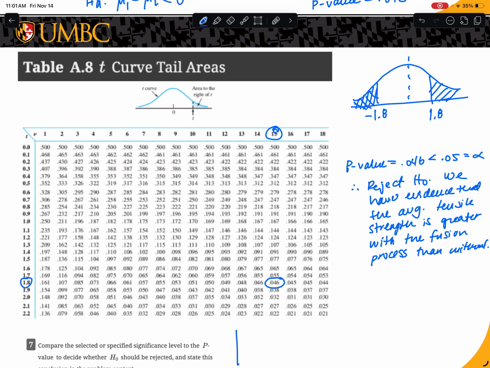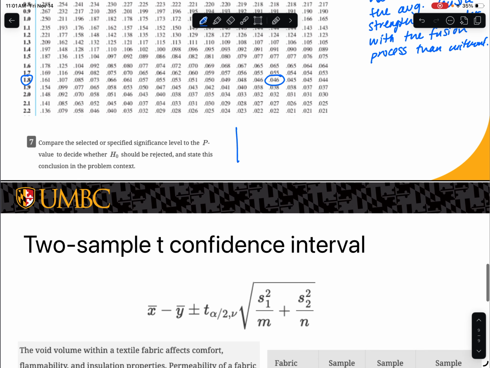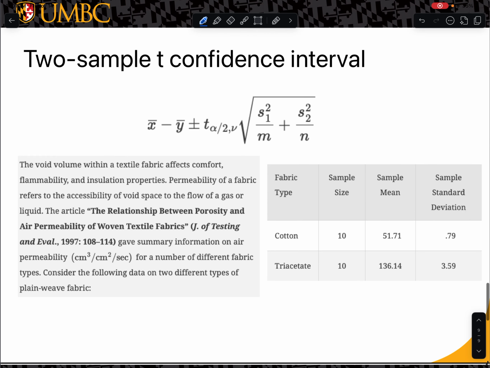All right, the very last thing I want to show you guys is the corresponding confidence interval. In all of these, we're still living in case 3. All of these cases have both a hypothesis test and a confidence interval. Here's the confidence interval, and it's created by rearranging the things in the hypothesis test.